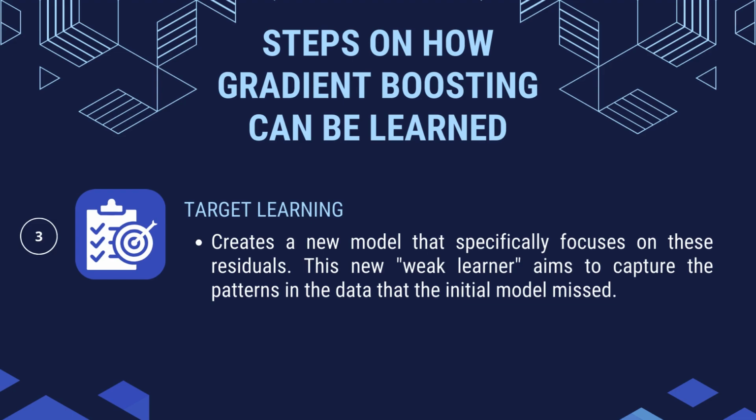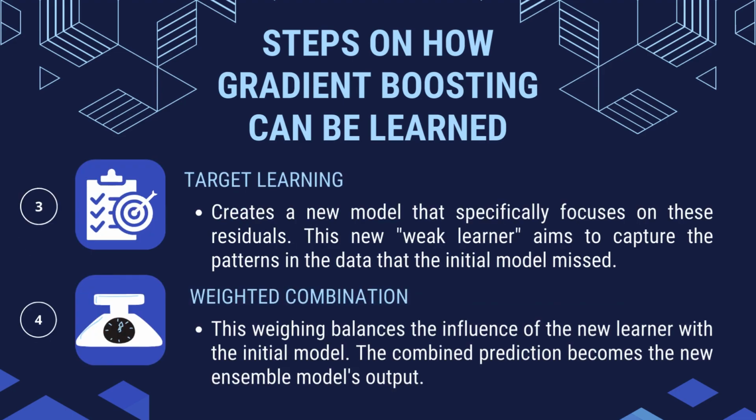initial model missed. Step 4: Weighted combination. The predictions from the new model are not directly added to the initial model. Instead, they are weighted to prevent overfitting. This weighting balances the influence of the new learner with the initial model. The combined prediction becomes the new assembled model's output.